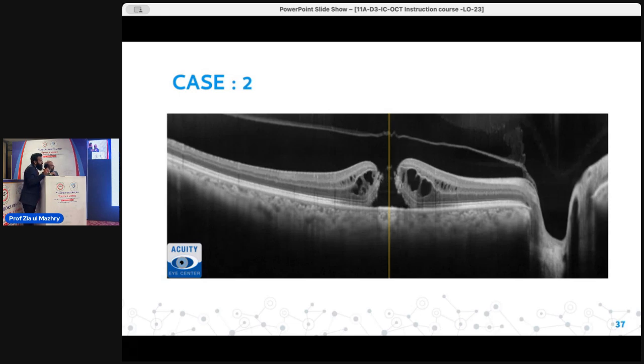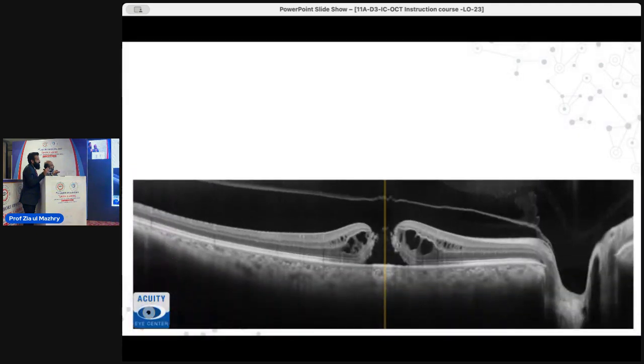So we can see all of the retinal layers are absent in this area. Outer retina is also absent. In the central part, foveal part, all the retinal layers are absent in the fovea. And there are cystic spaces also, and nuclear layers.